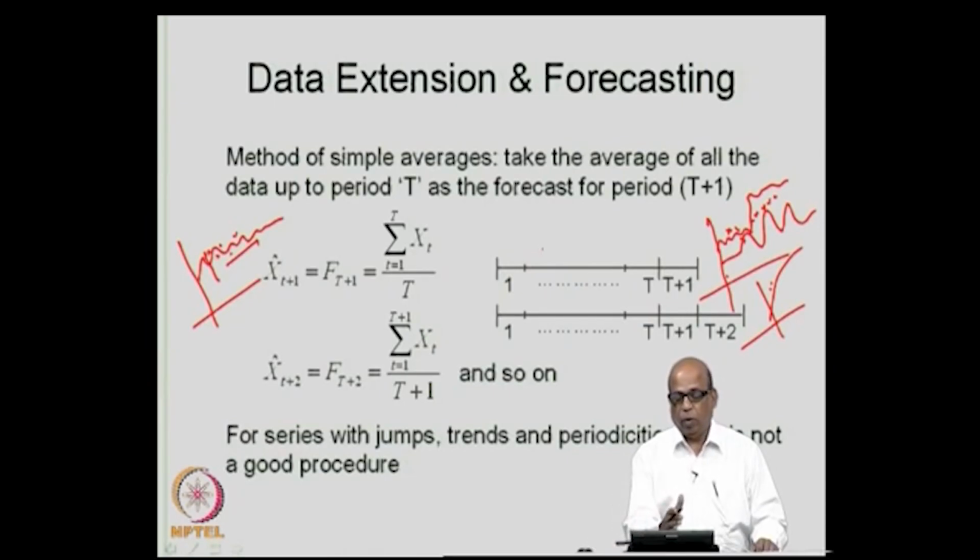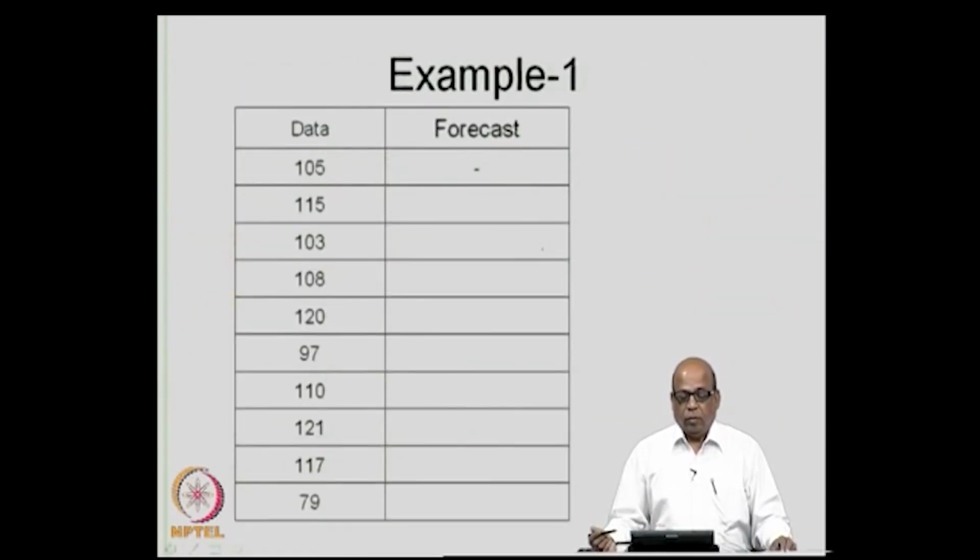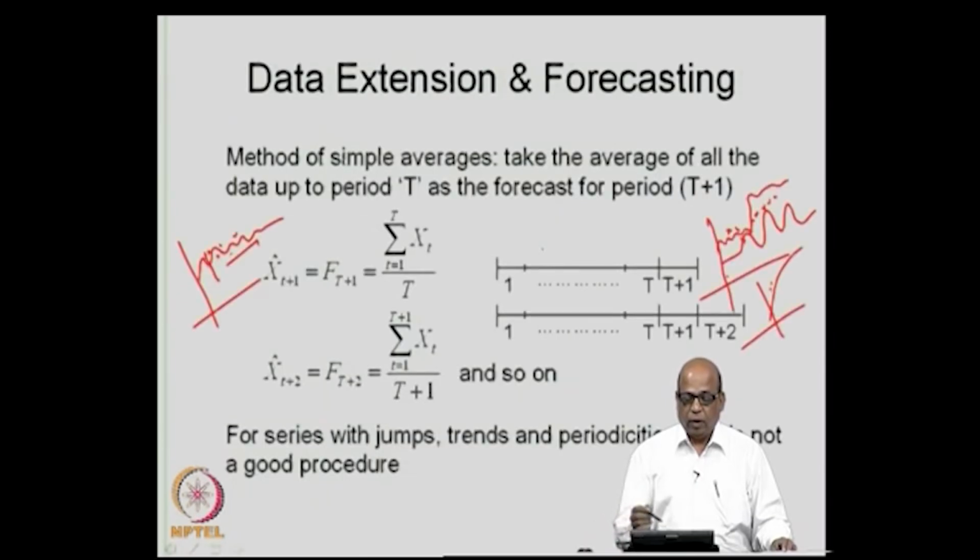That means we do not take all the values, but we keep a window of time fixed and always take the values within that window, and then compute the averages. First I will demonstrate what I mean by taking all the values, computing the average, and putting that as the forecast.